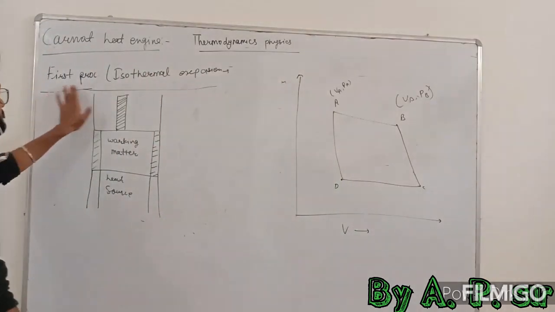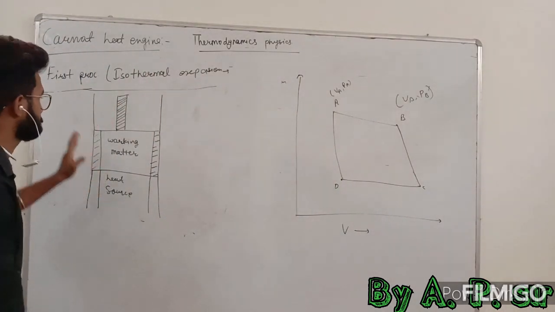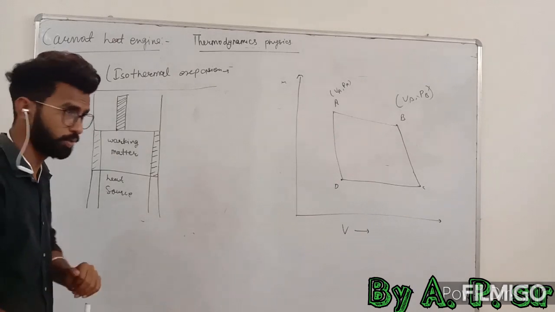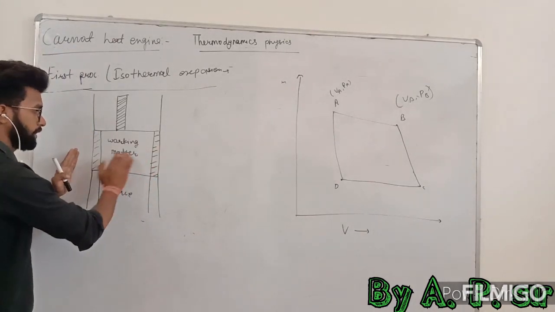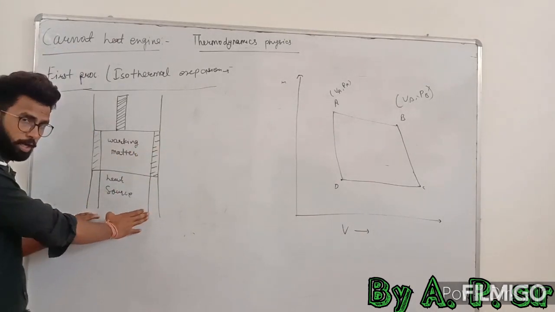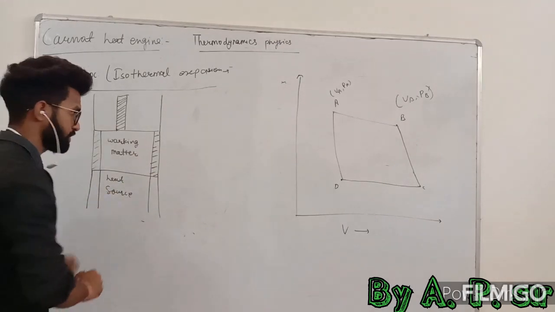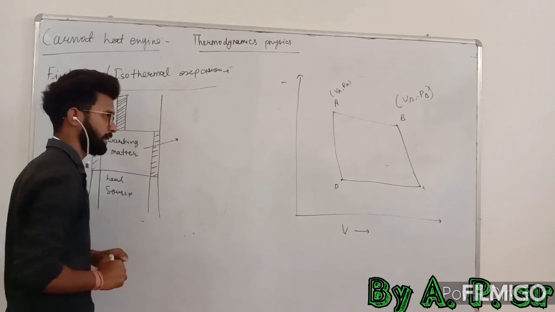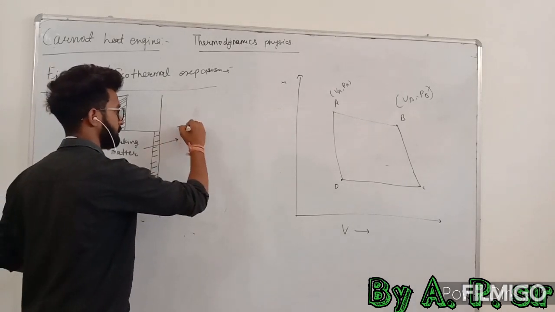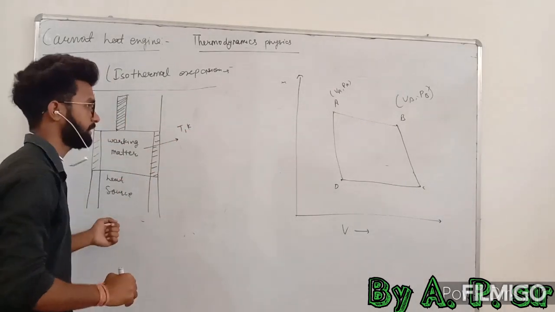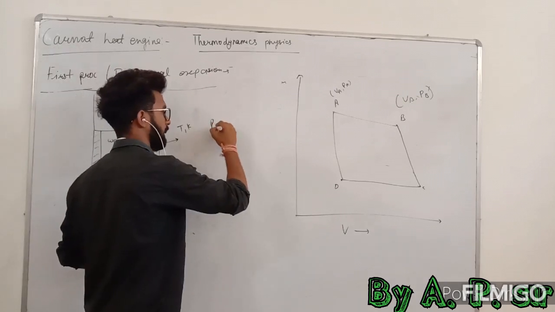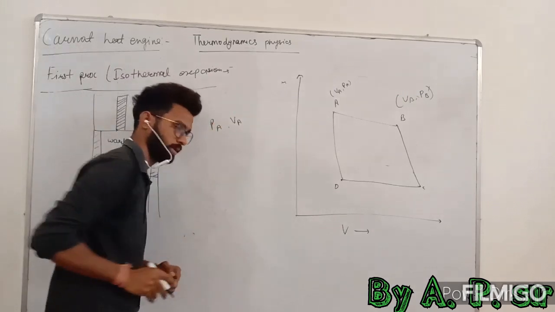Next, first process. In the first process, we put the working material on the heat source. In this condition, the temperature of the working matter is T1 Kelvin, the pressure is PA, and the volume is VA.